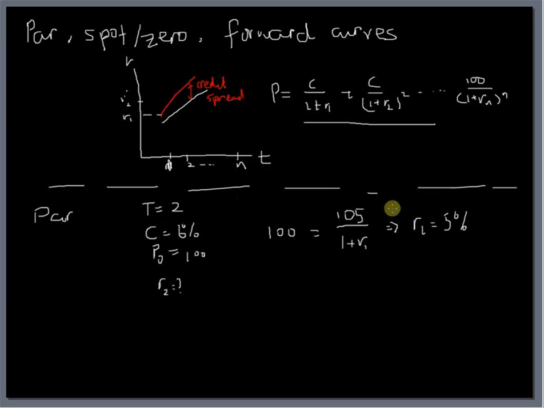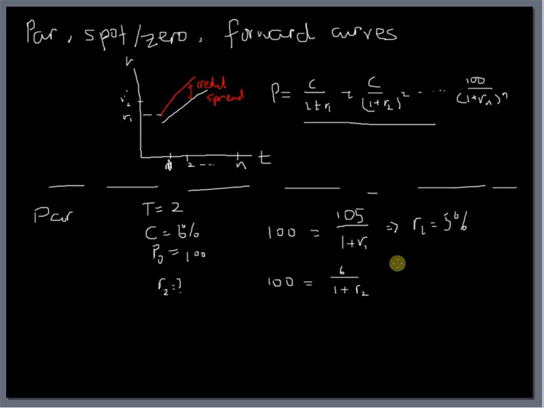Okay, so we have $100 equal to 6%, so it's paying $6 in the first year, over 1 plus R2. Okay, remember that we are trying to find a coupon rate that can be used to discount over a period.